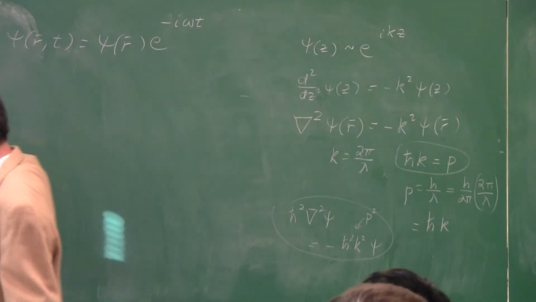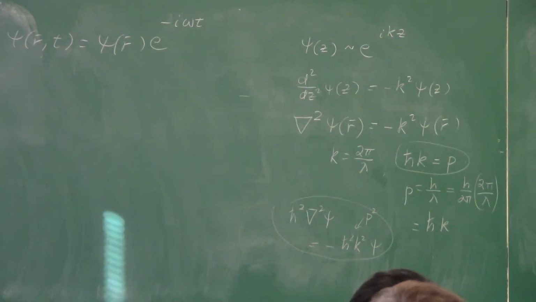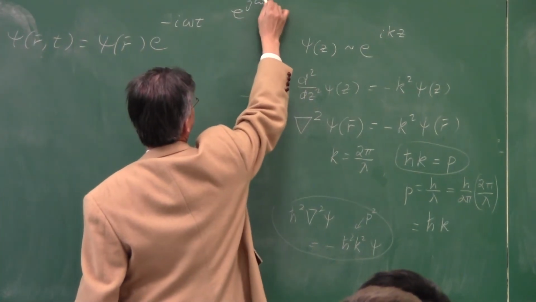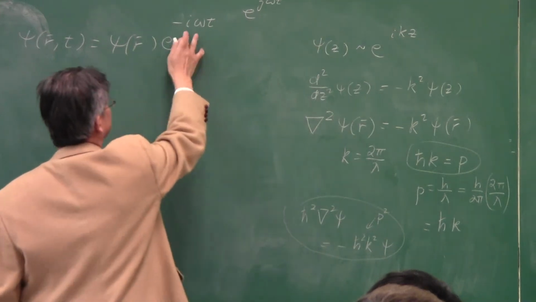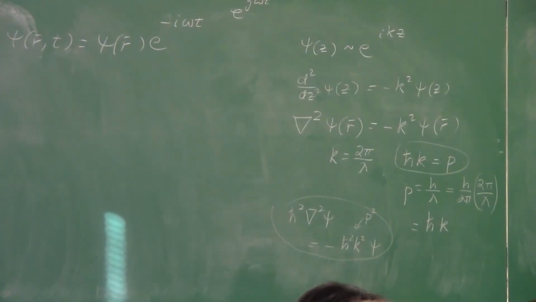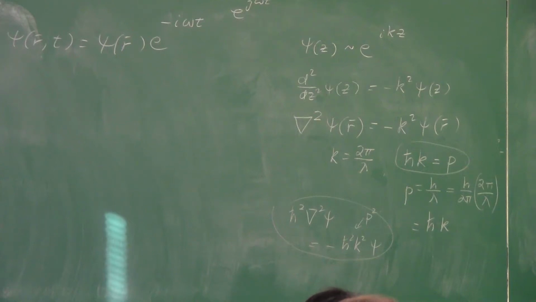Sorry that I use e to the minus i omega t, because all electrical engineers love e to the j omega t. But most physics and optics books use e to the minus i omega t. You just have to learn how to switch between the two. Minus i is j, minus j is i.